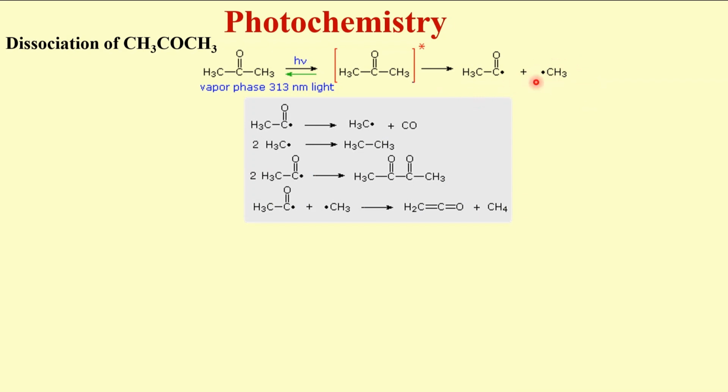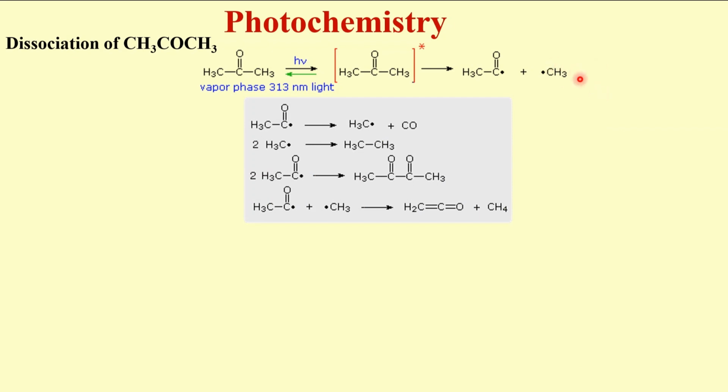They are formed as radicals. The acetyl radical loses carbon monoxide and gives rise to methyl radical. Ultimately, acetone loses carbon monoxide to give methyl radical. This is the dissociation of acetone.